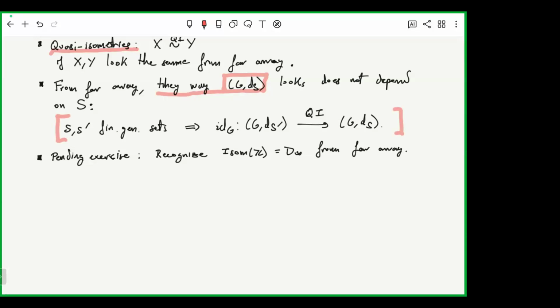Also, I left some exercise for you, just in case you were interested. The exercise was first to find a finite generating set of this group, the group of isometries of the integers, and then with that, you can consider the Cayley graph and understand its geometry at infinity.